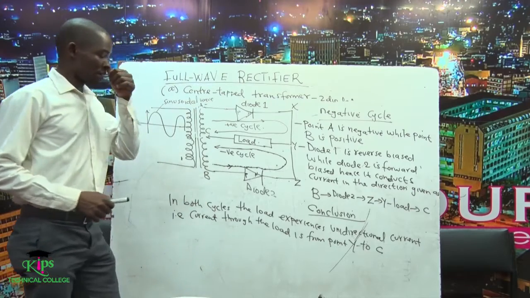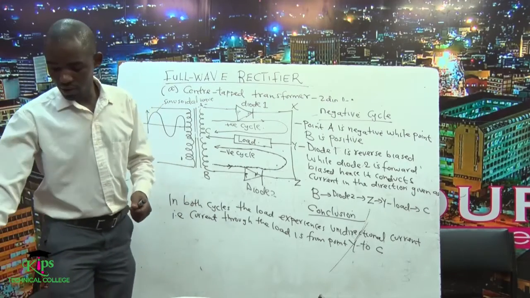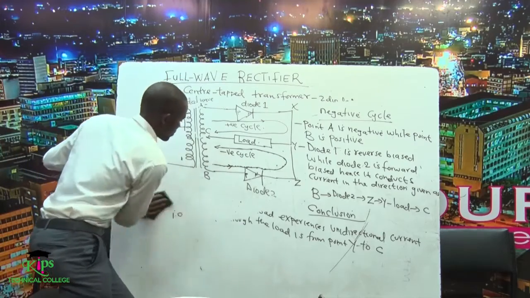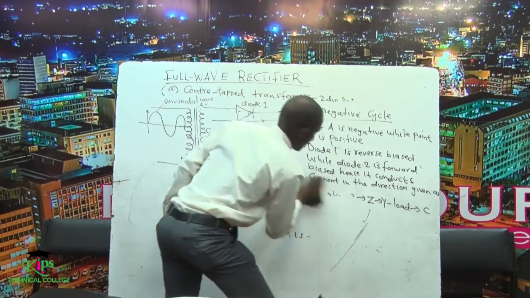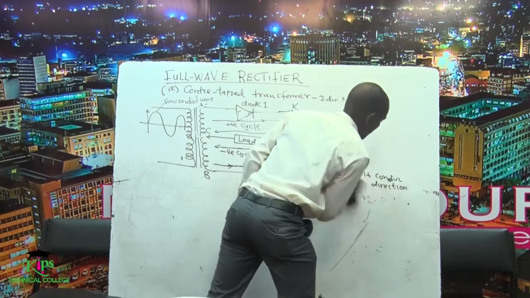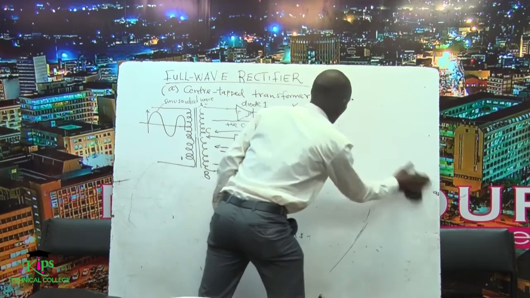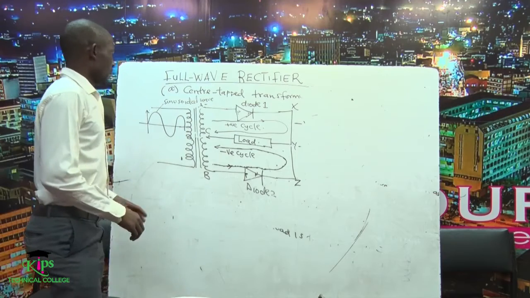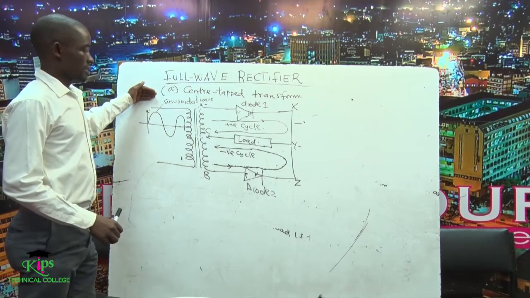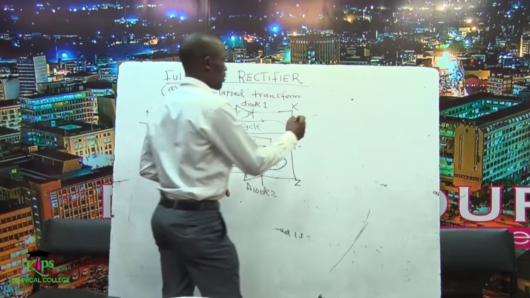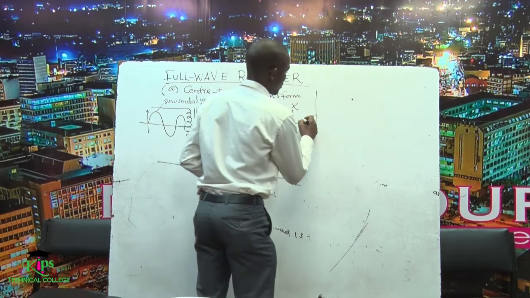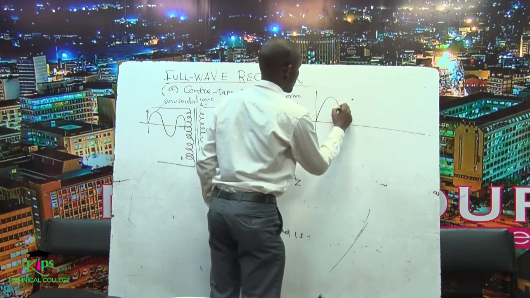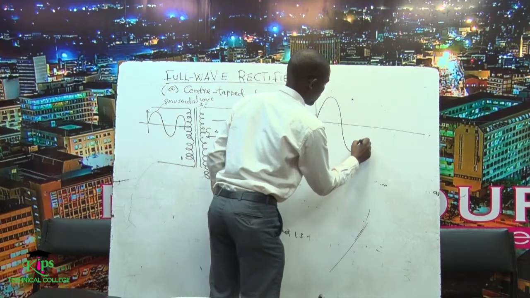We can just draw the waveforms. When we talk about the waveforms, what we mean is we are trying to compare the output and the input. What we have at the input is a sinusoidal waveform, like that.